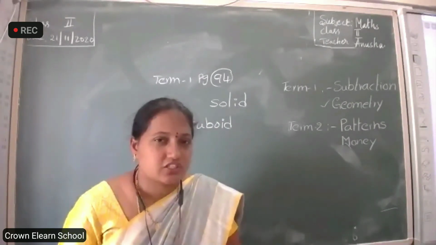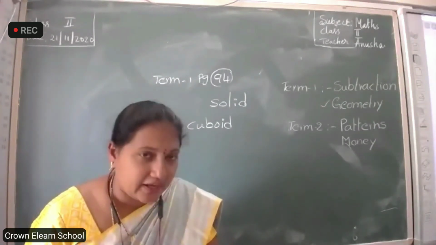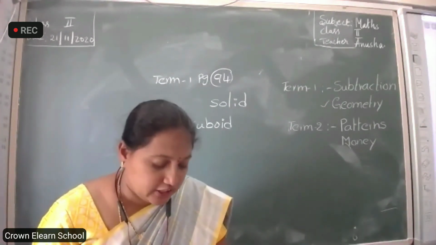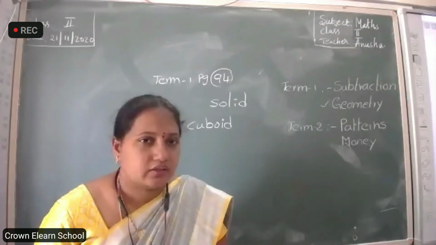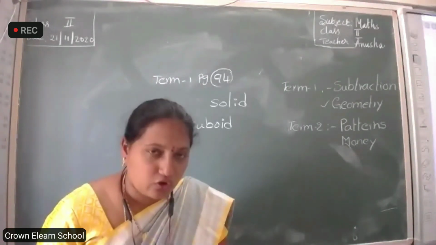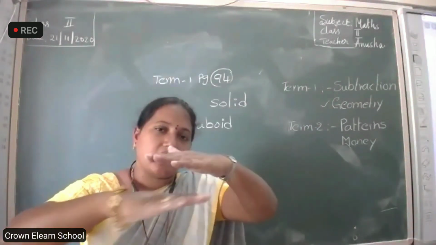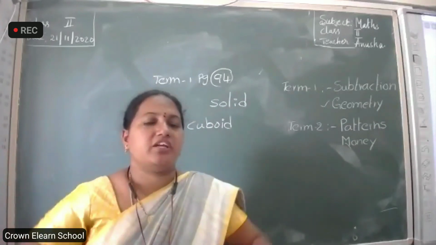The first shape, what is the first one? Carom coin. Yes. Can it roll? Yes, it can roll. Can we arrange one above the other? Yes, we can keep it in a stack.